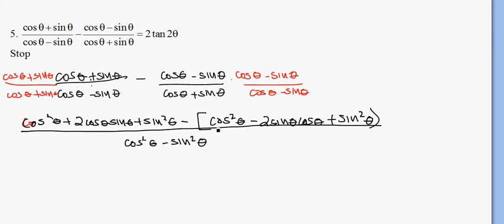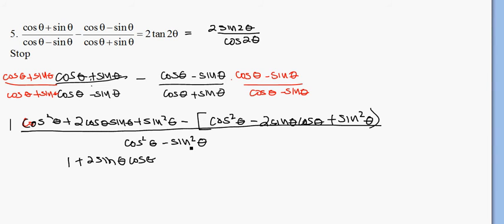So I'm going to distribute this negative. I'm going to rewrite the denominator as cosine 2 theta, because really we have 2 tan 2 theta here, which I'm going to write a little note is 2 sine 2 theta all over cosine 2 theta. Okay, so this cosine squared plus sine squared is 1, so we get 1 plus 2 sine theta cosine theta.